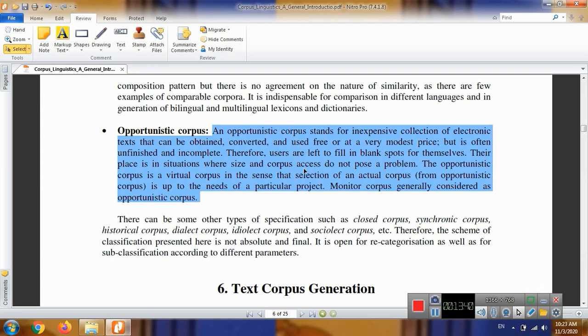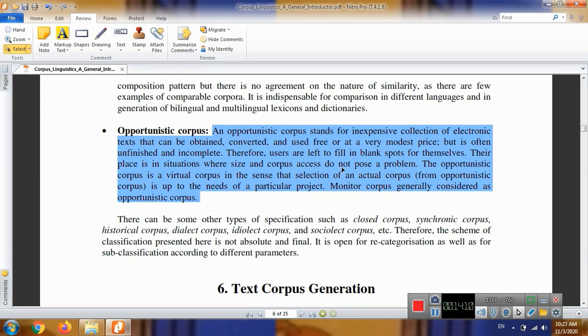An opportunistic corpus stands for an inexpensive collection of electronic text that can be obtained, converted, and used free or at a very modest price, but is often unfinished and incomplete. Therefore, users are left to fill in blank spots for themselves.